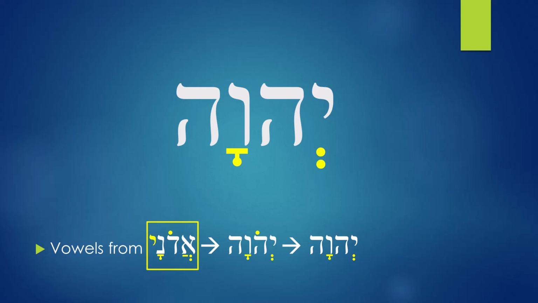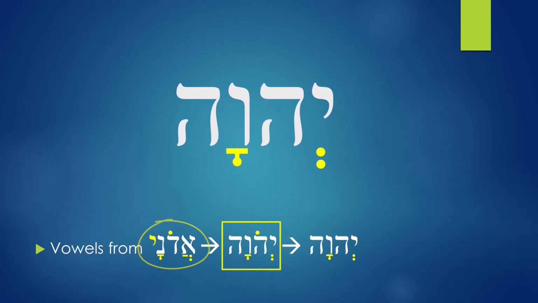They took the vowels from Adonai, the compound vowel Hatef Patach, then Holem and Kametz, and placed them under the consonants Yod Hei, Waw Hei, to visually remind the reader to pronounce this as Adonai and not as Yahweh.